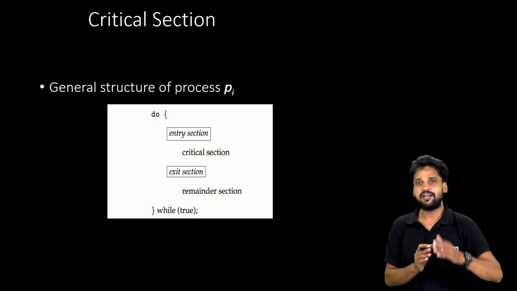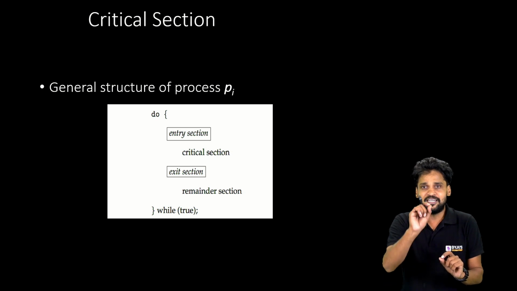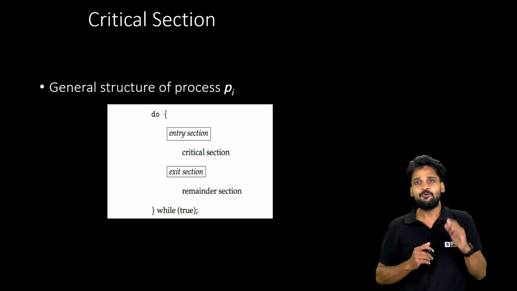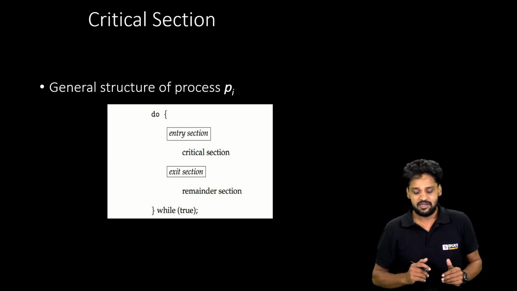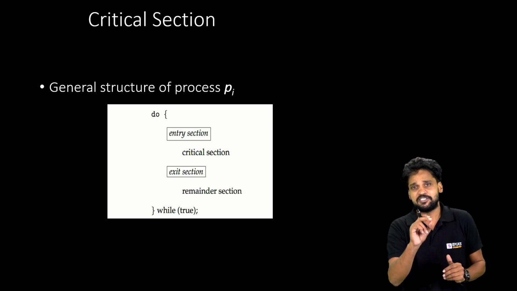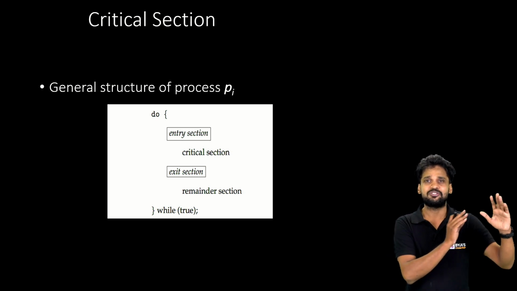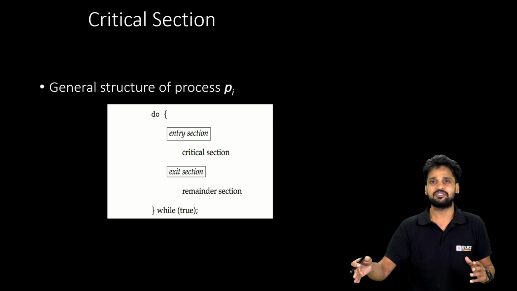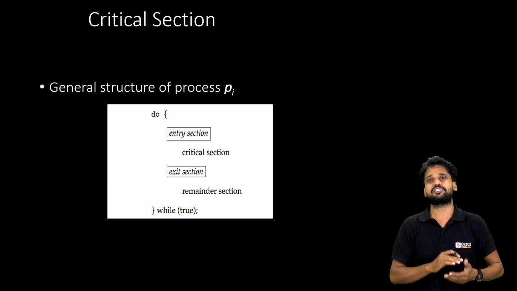So in order to avoid that, we need to protect the critical section. Being an application developer, we need to protect the critical section. Every time I have to protect a specific critical section, I need to look for some solutions, using which I'll be able to protect my critical section.